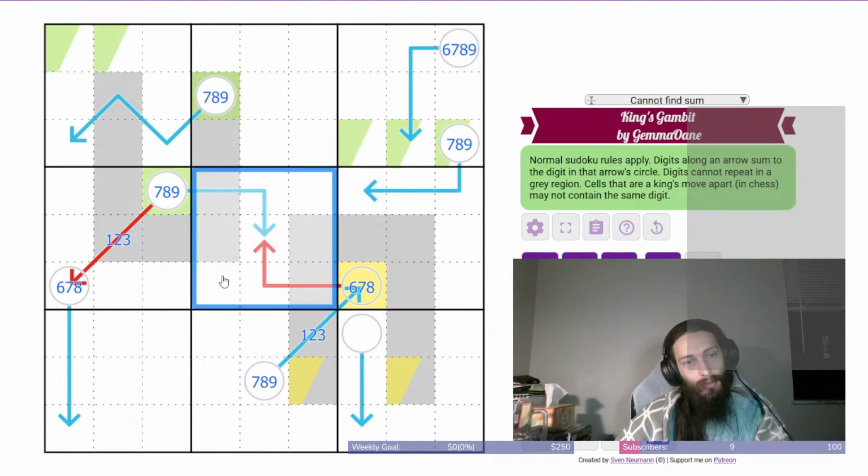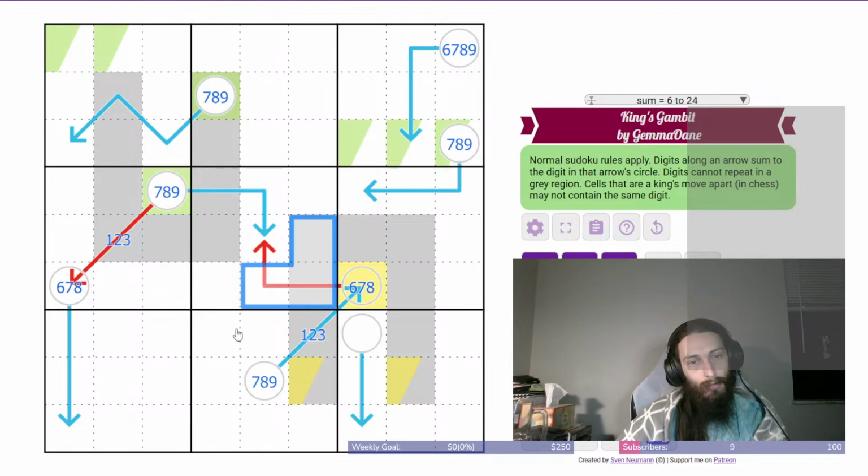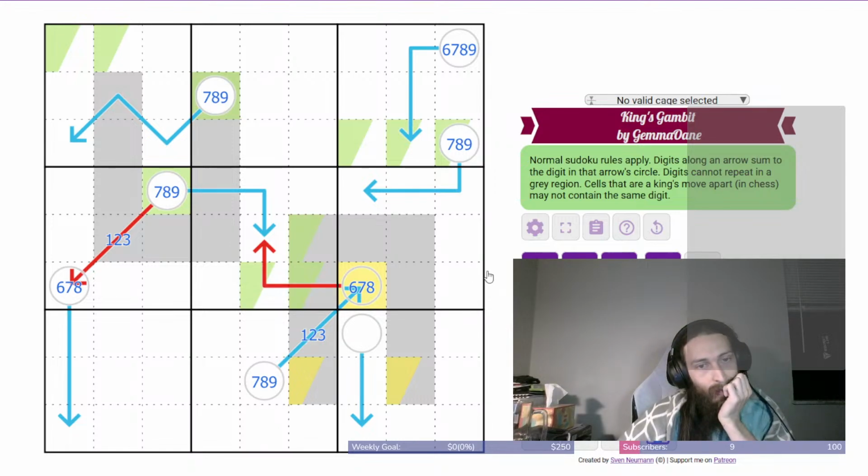How about in box 5? It's not here or here, and it can't be on its own arrow. Well, it can't be on the red arrow either, because it's minimum 7. Green is minimum 7, and yellow is max 8.